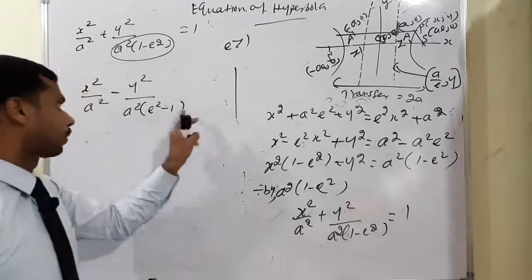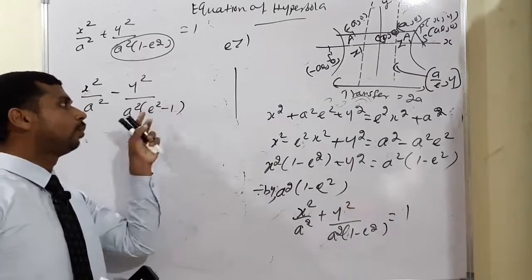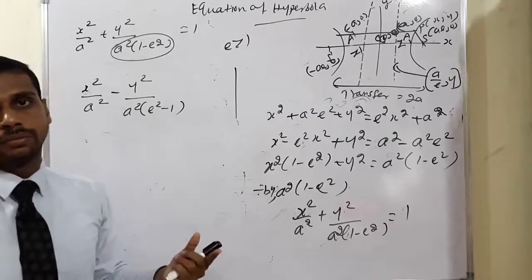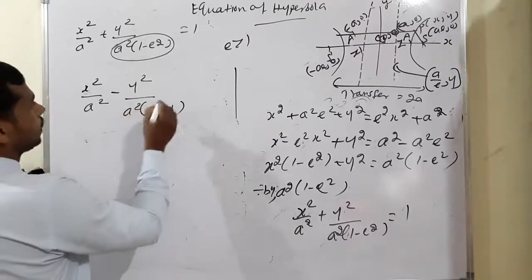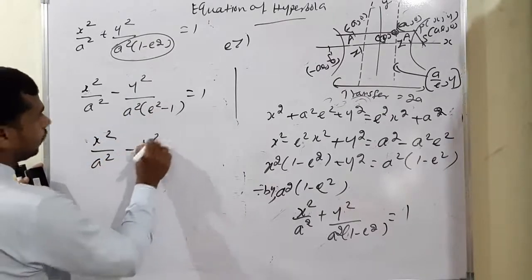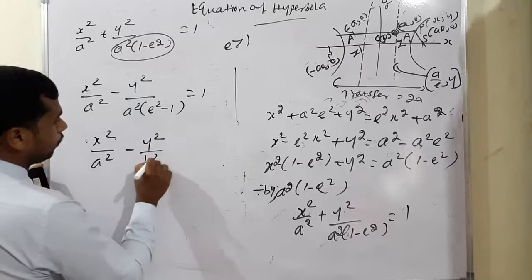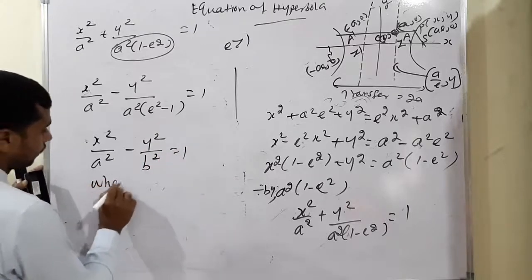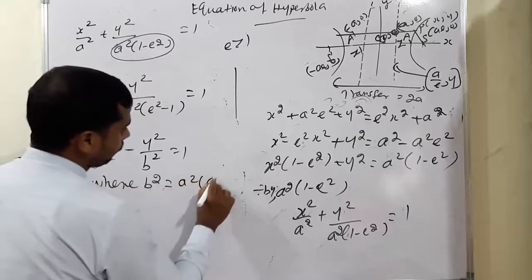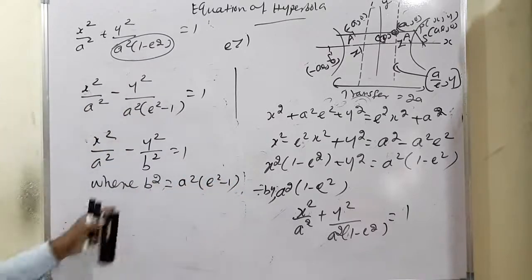If you take the square root of the value, definitely it is more than 1. If for example 2 square means 4 will come, 4 minus 1 means 3. It's a real value function, okay. Therefore this is equal to 1, we can write it x square by a square minus y square by b square is equal to 1, where b square is equal to a square into e square minus 1. Okay, this is one of the conditions.